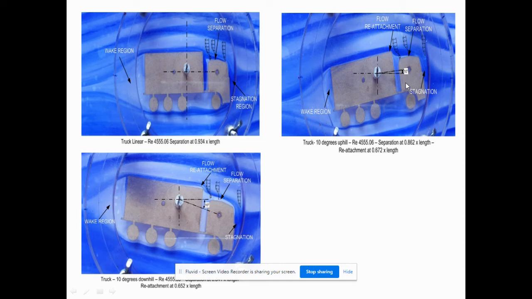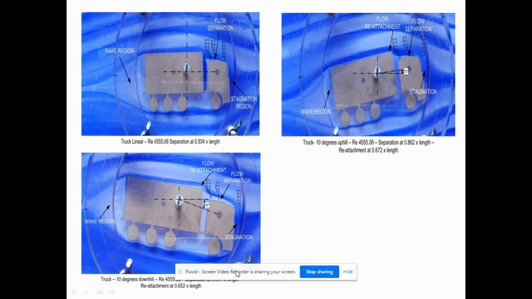And again this is with an angle of 10 degree. There is a substantial difference: the flow separation moves a little forward, which is 0.934 from the rear end. In this case it's 0.862 length, and the reattachment length is also changed at 0.672.